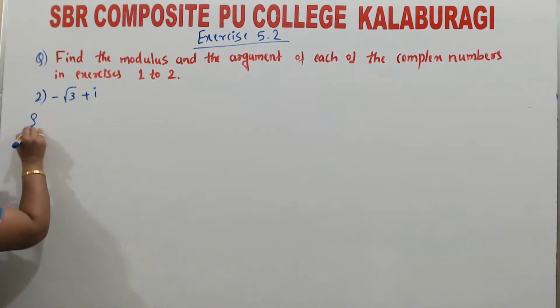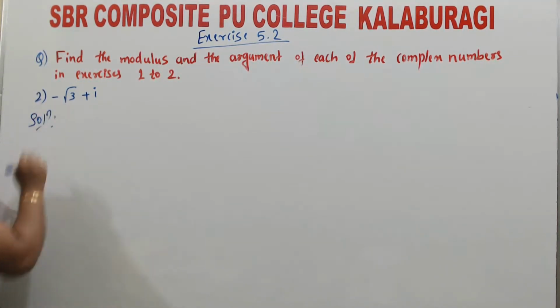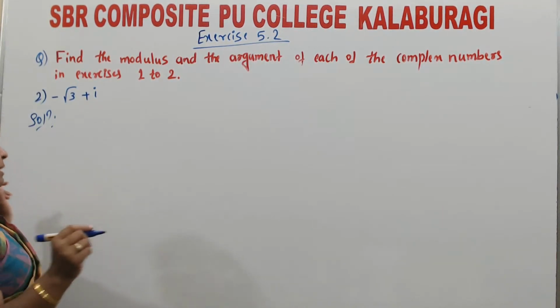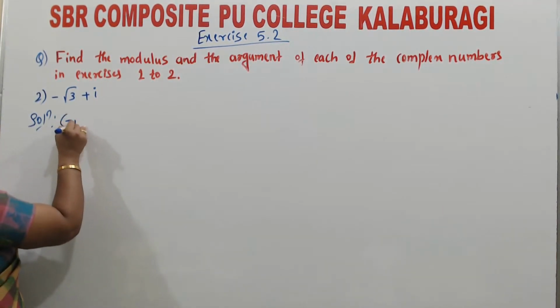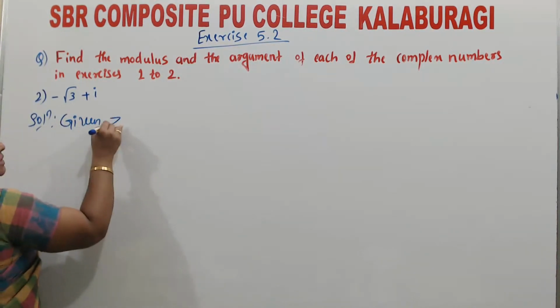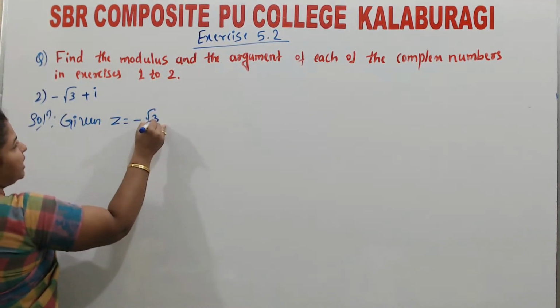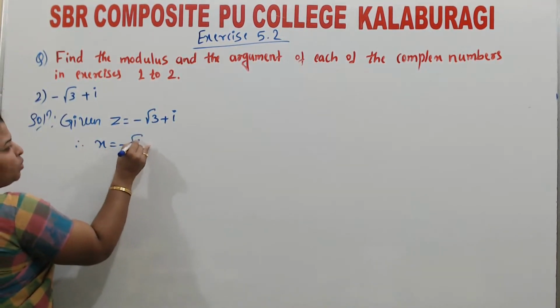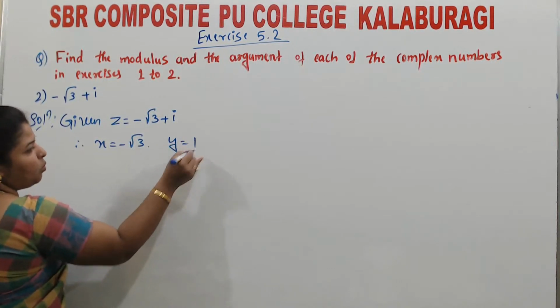Solution. Comparing this given complex number with z is equal to x plus iy. Given z is equal to minus root 3 plus i. Therefore, here x is equal to minus root 3 and y is equal to 1.